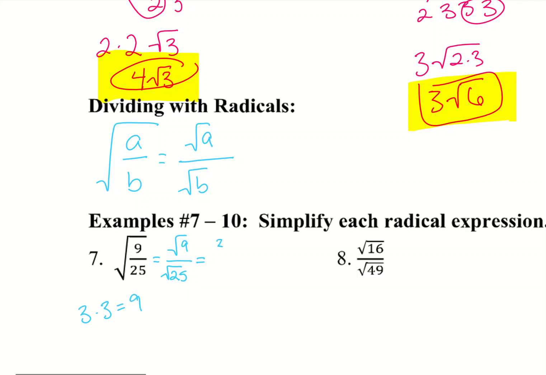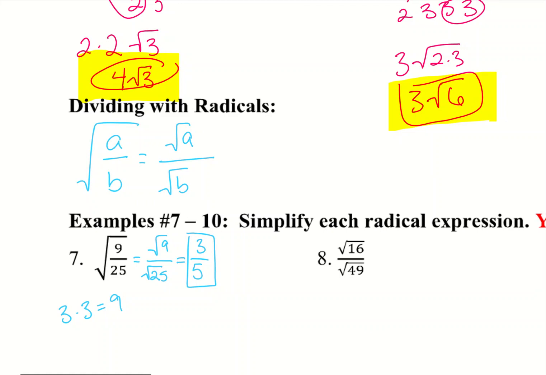So therefore the square root of 9 is 3. And same with 25. 25 is also a perfect square of 5. So I didn't have to make any factor tree. If you would like to make a factor tree, you can. But in this case, we didn't have to because they were perfect squares. And so 3 over 5 will be my final answer.